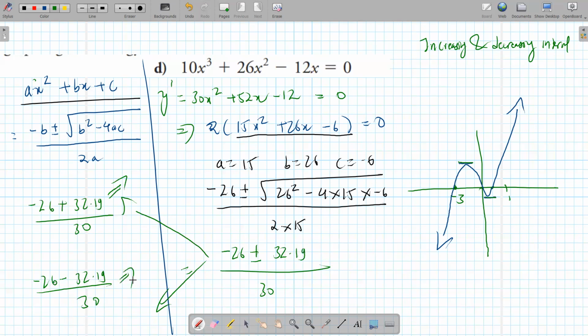So negative 26 plus 32.19 divided by 30 gives me 0.2. For the other one, negative 26 minus 32.19 divided by 30 gives me negative 1.94. So if you look at the graph, you see this point, x, is this x 0.2 or negative 1.94?